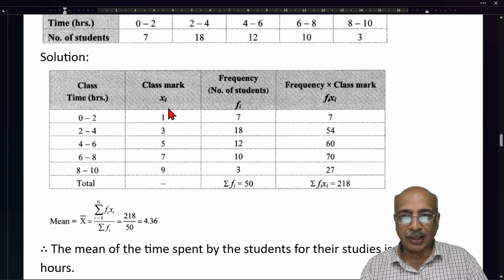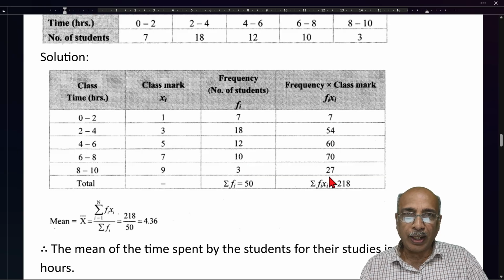Class mark xi equals, again I repeat, lower limit plus upper limit divided by 2. It equals 0 plus 2 divided by 2 is 1. 2 plus 4 divided by 2 is 3, like that. And frequency is already given. In the direct method, as you know, we have to take fi xi. So take the product of these two. Then take sum of fi equals 50, that is the sum of all frequencies.